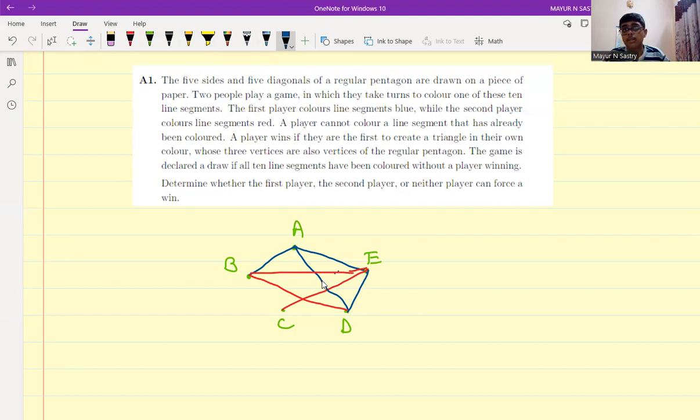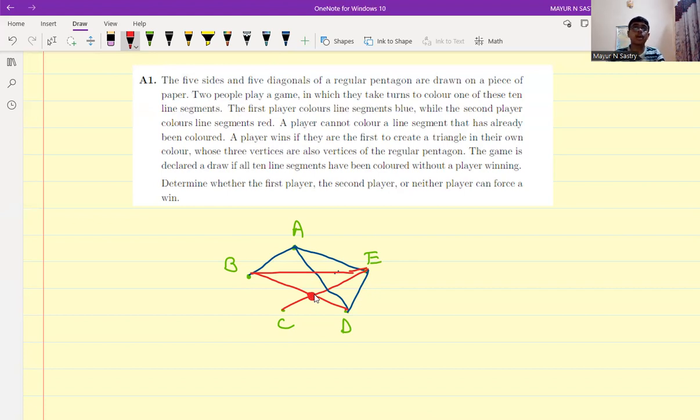And now one point to be considered is that one may say that the second player has completed a triangle over here, this particular triangle, but notice that this particular vertex, this one, is not part of the pentagon. So that's a necessary condition in the problem as well.